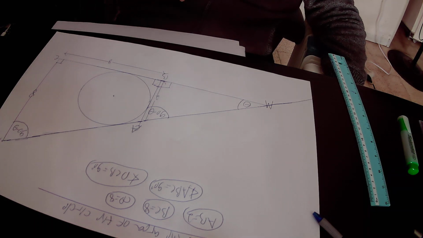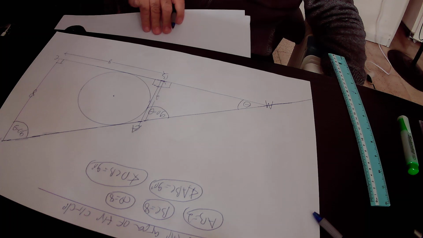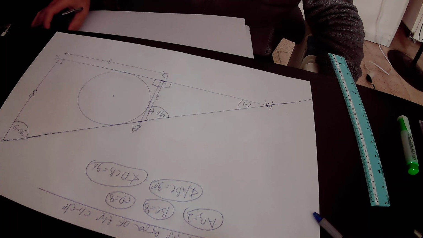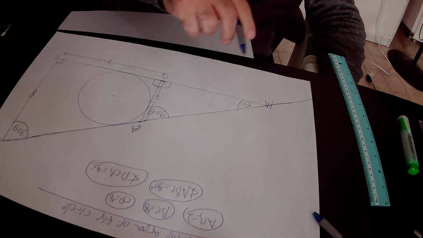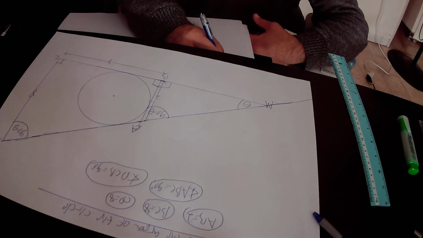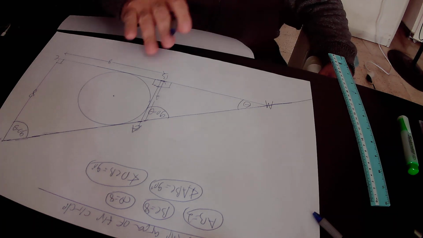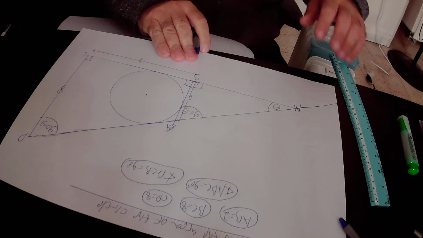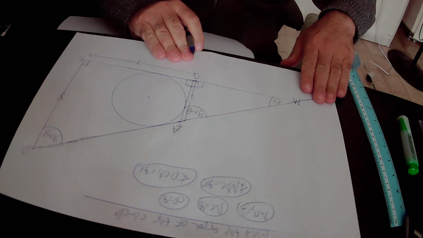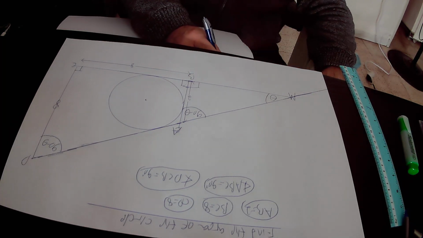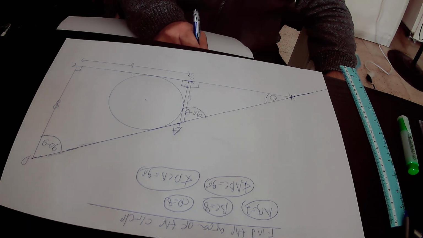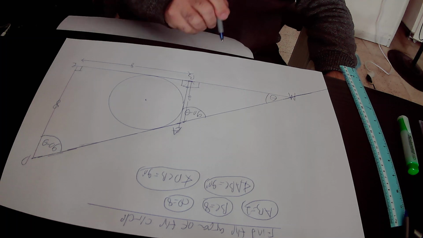They are both right triangles. So I write it down: the big right triangle MDC is similar to the small right triangle MBA.